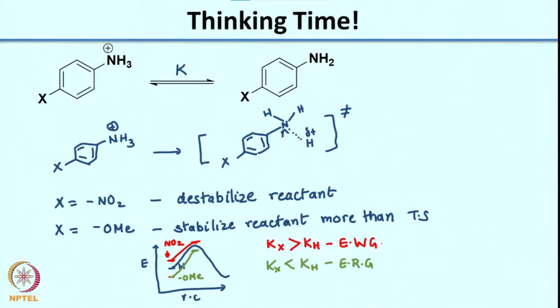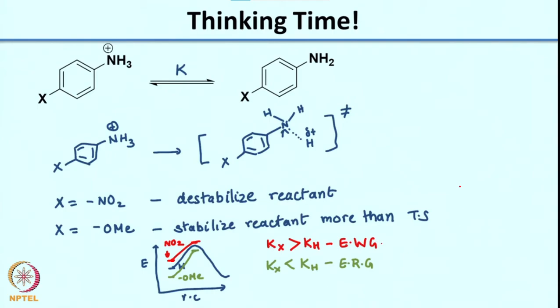Yeah, so the energy will be low. So as we have discussed earlier, the activation energy barrier is easier to cross for the electron withdrawing group compared to the electron releasing group. So that's why in this case kx will be higher than kH for the electron withdrawing group, and kx will be lower than kH for the electron releasing group.